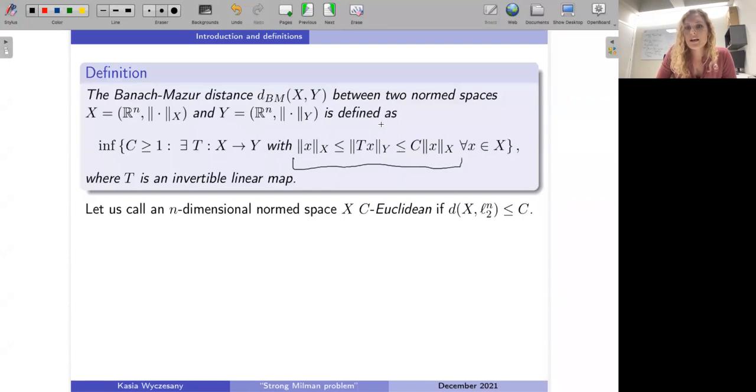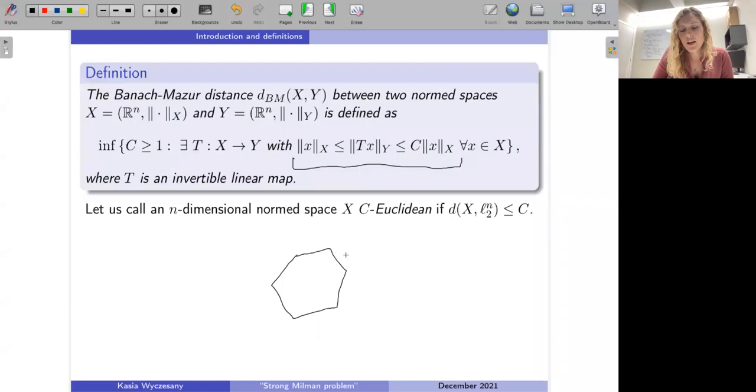That means that the norm of Tx in Y is between the norm of x in X and C times the norm of x, which means in particular that a convex body that corresponds to the unit ball has an image which lies between two multiples of the other body.